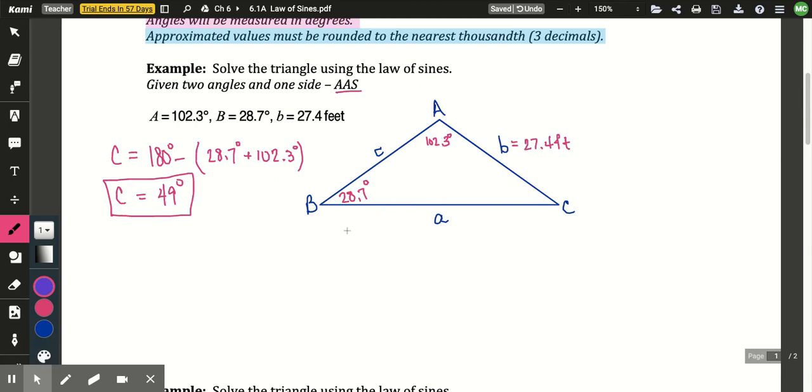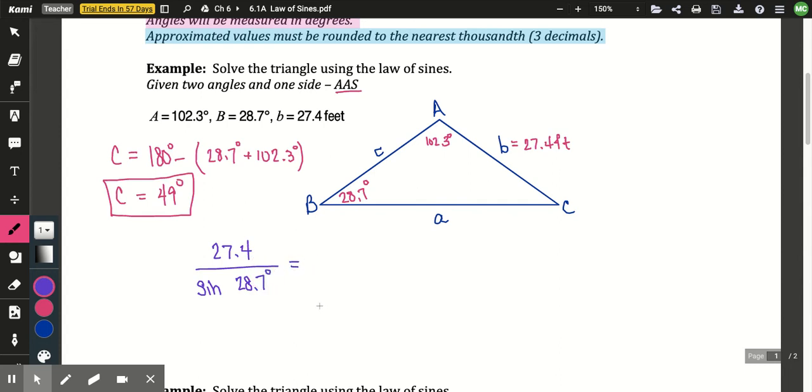In order to use law of sines, I have to have one angle and one side that are associated, because in the ratios, you have to have a b and a B, or an a and an A. In this one, we've got b and B. So I'm going to start with that. It would say side b, so 27.4, divided by sine of the angle B, so that would be sine of 28.7 degrees.